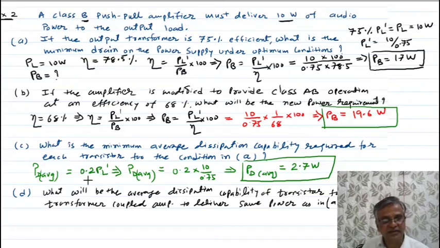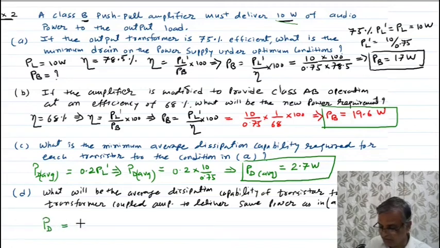You have to remember this equation. In a class B, the average power dissipation capability of each transistor is given by 0.2 PL dash. Already we have used it in a numerical. Now they are asking what will be the average power dissipation capability of a transistor for a transformer coupled amplifier to deliver the same power in class A?